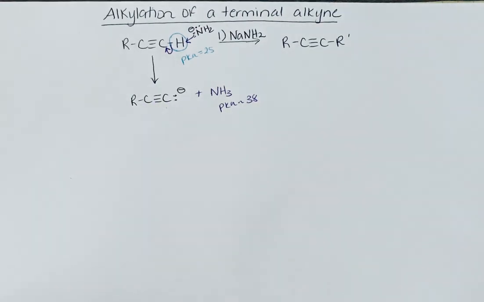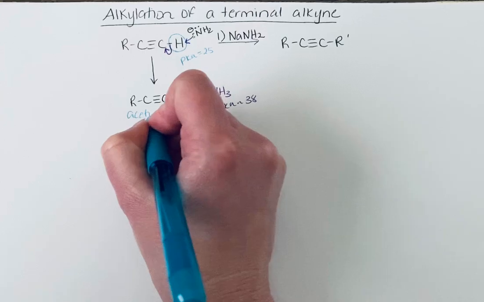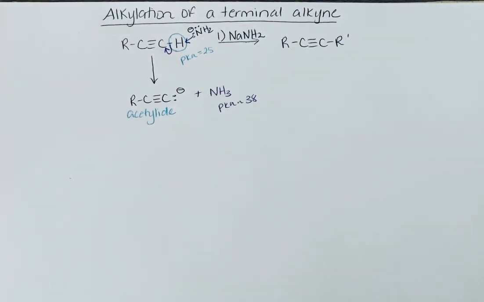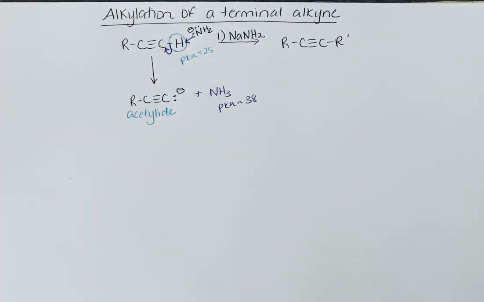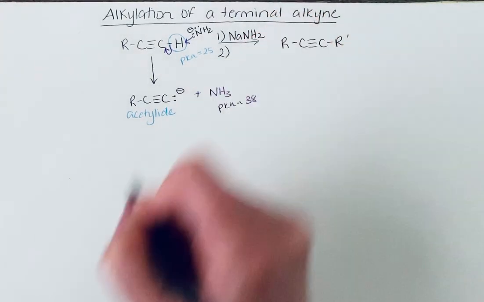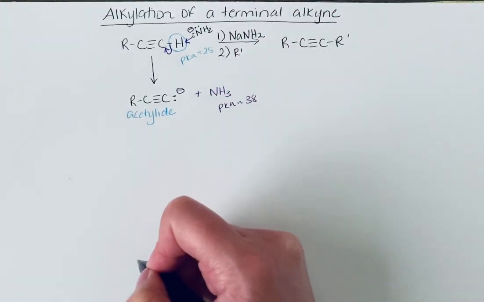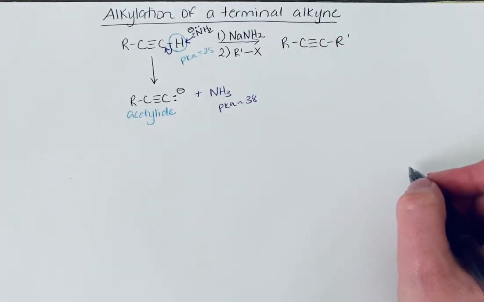After we form this ion, this is known as an acetylide ion. This is a powerful nucleophile, and if we want to add an alkyl group, that means we need a carbon atom that is electrophilic. And so the way that we do this in a second step is we would add that R group, and to make it electrophilic, we would make sure that it has a bond to an electronegative atom.